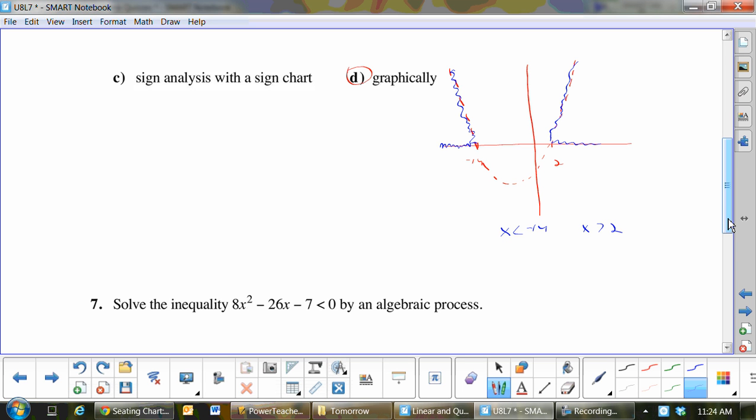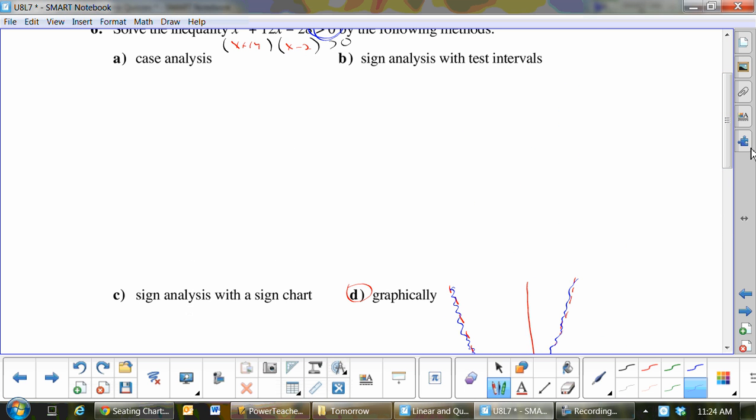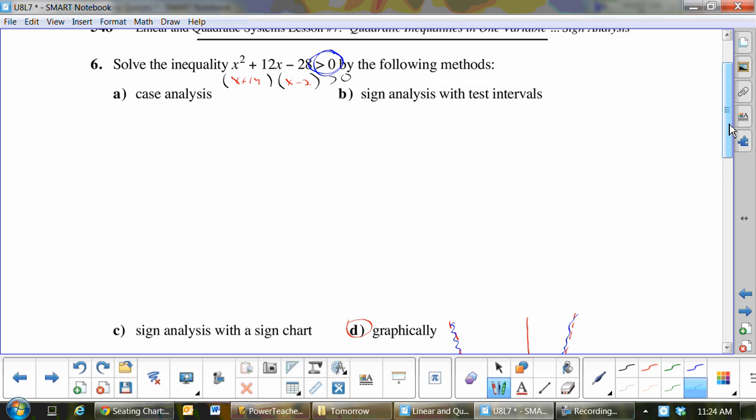Now, let's do another part of today's quiz, which was the case analysis. Now, case analysis, above 0, that means positive, right? So there's case 1. We've got a positive times a positive equals a positive, and case 2, a negative times a negative equals a positive.